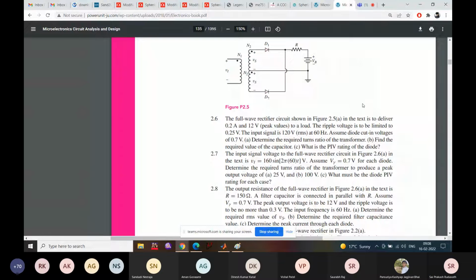By applying KVL, the positive half cycle will be forward biased, and for the negative half cycle it will be reverse. Just the sign will be reversed. The value should be the same.